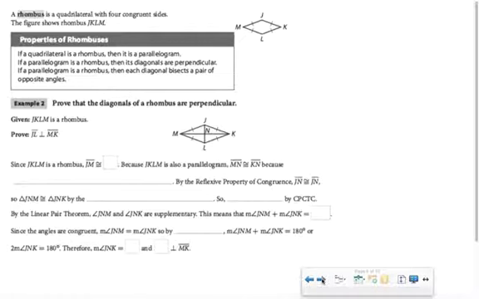So we start off with the fact that since JKLM is a rhombus, JM is congruent to JK. Because it's a parallelogram, we also know that MN is congruent to KN because diagonals bisect each other.